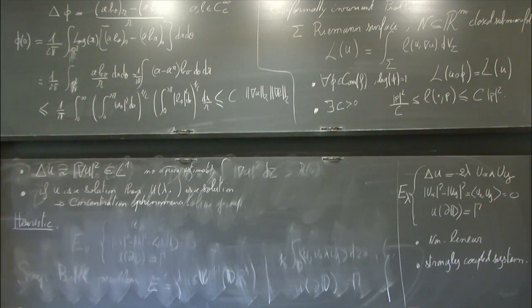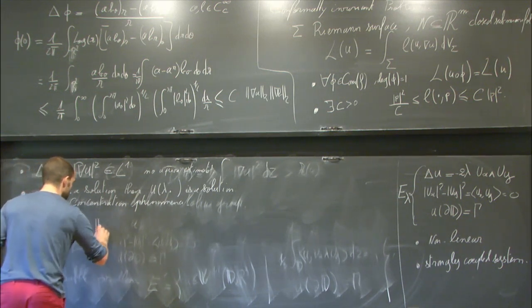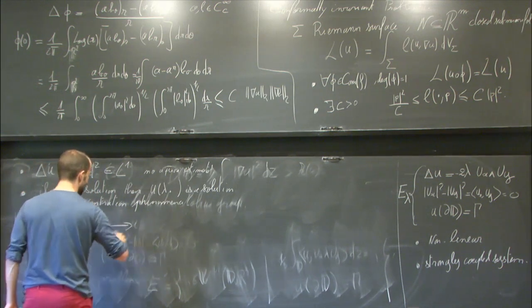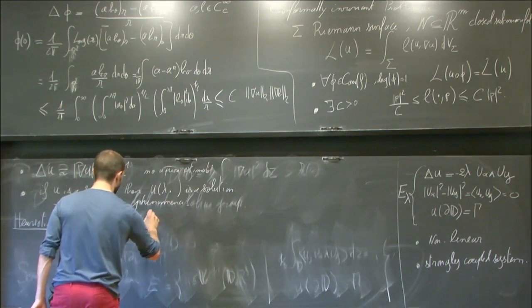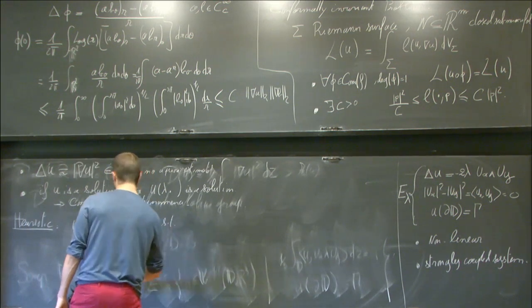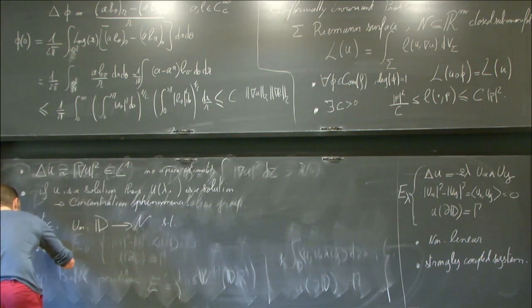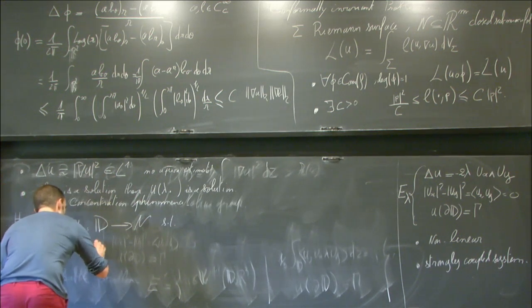So we are going to consider sequences which blow up. So u_n is a sequence from the disk to R3, a sequence of solutions, such that nabla u_n blows up at 0.